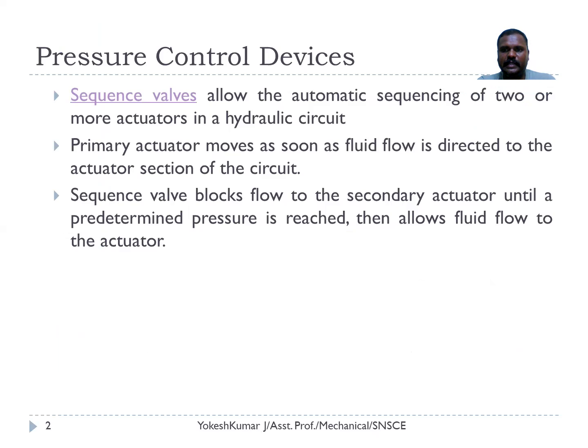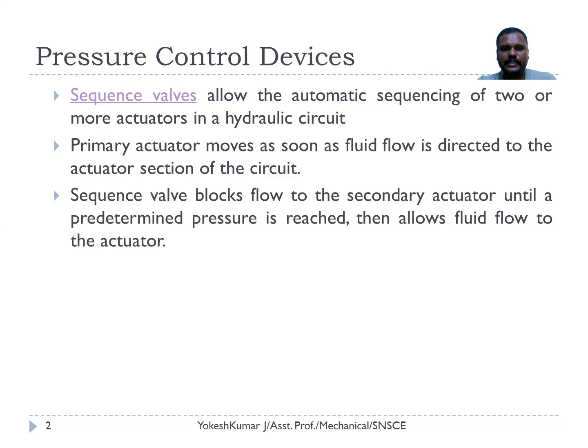For example, a drilling clamping circuit. Here we are using two cylinders. One is used for clamping and another one is used for drilling. So first we have to clamp the workpiece and then we go for drilling. This sequence can be designed and sequenced by the pressure sequence valve.